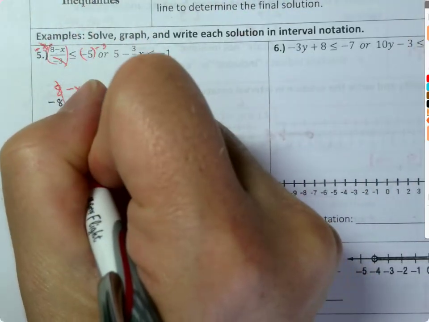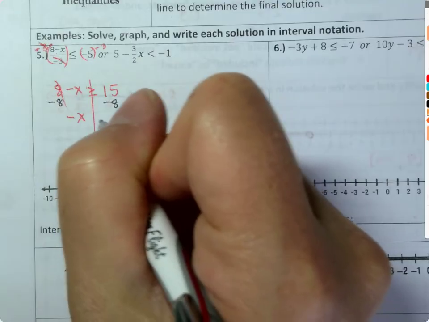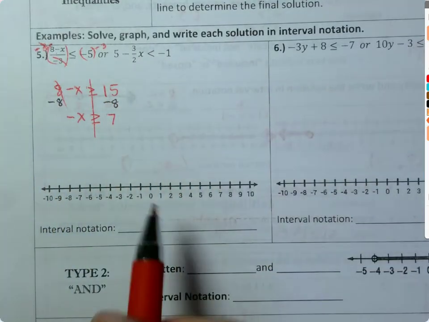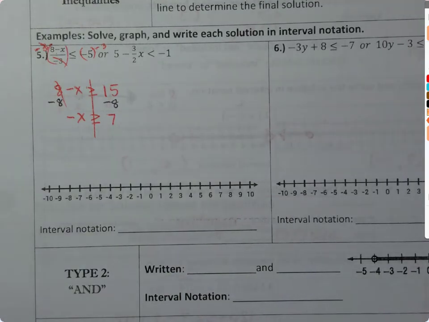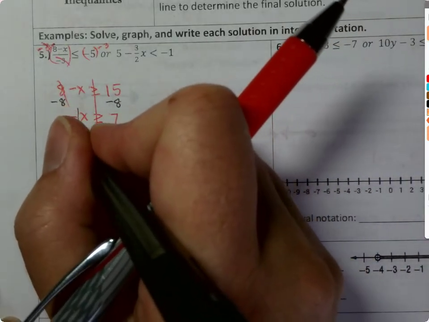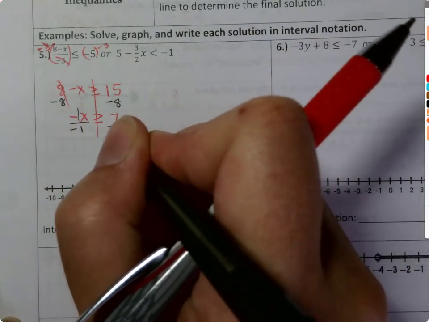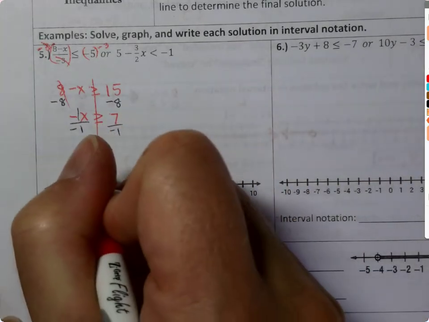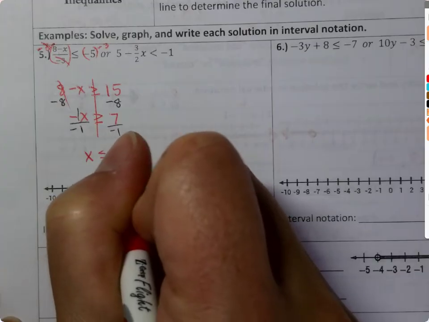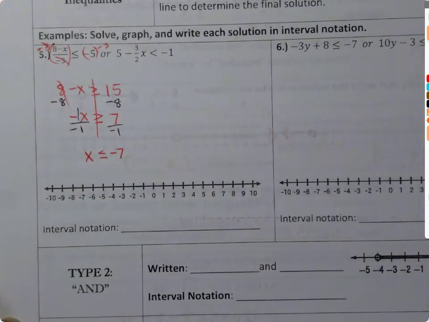Not x, but negative 1x, or negative x is greater than or equal to 7. It's only if I multiply or divide that I flip. I can add and subtract, but I need to get rid of that negative 1, don't I? So divide by negative 1, and I end up with x is less than or equal to negative 7. All right, I'm going to hold off on graphing for a minute.